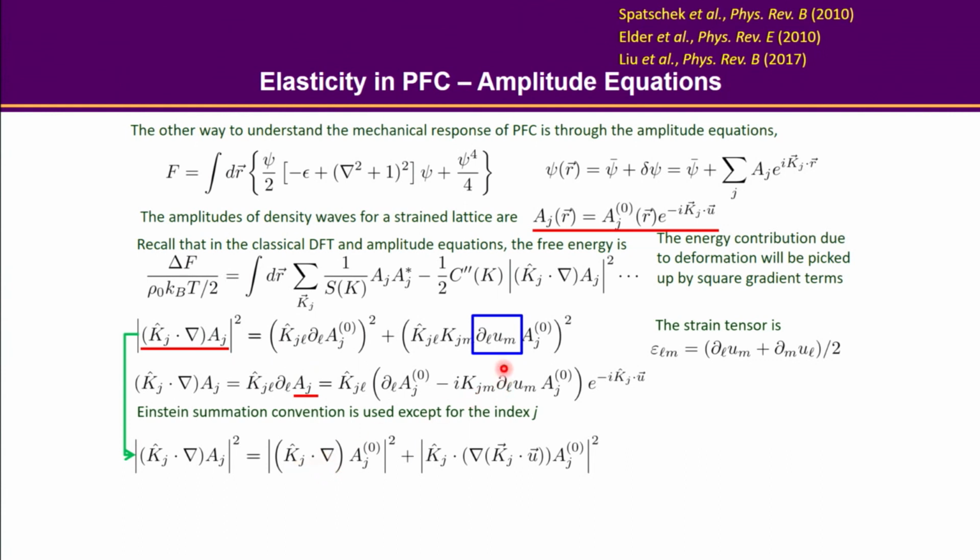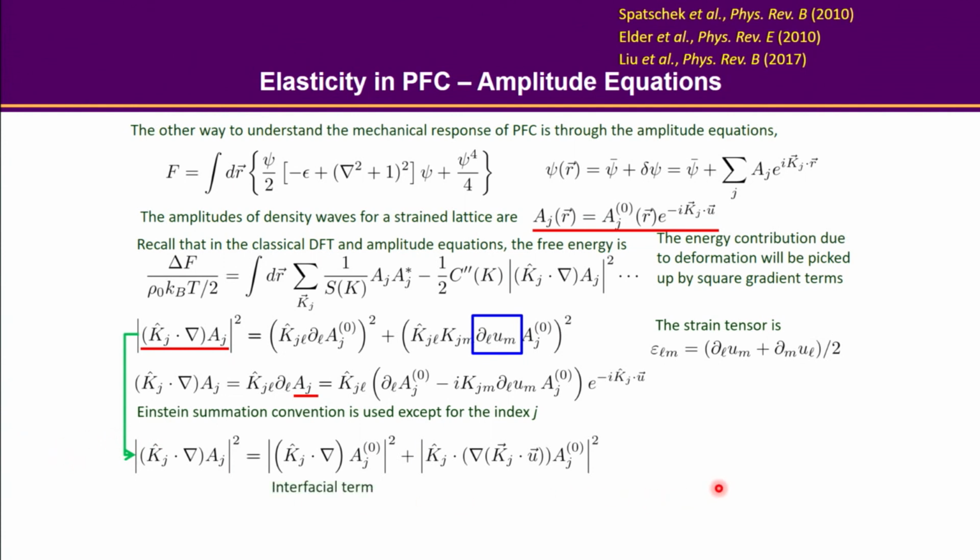And all the time I'm seeing this repeated index M, which means I should have this K and U, the inner product. And it's being operated by this partial L, so I know there should be a gradient of that. And after I'm taking care of that, the repeated index L indicates the other inner product. But anyway, you are getting this form.